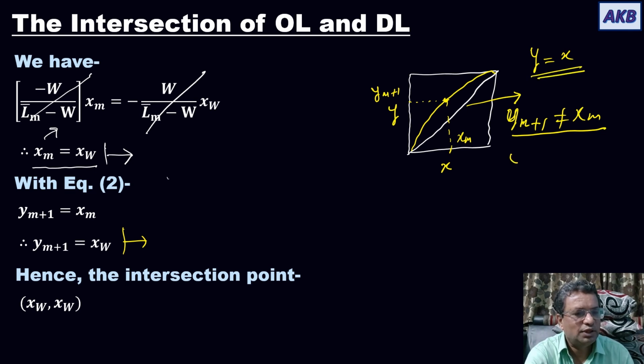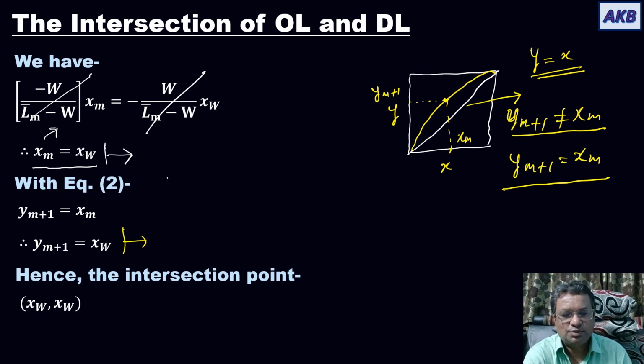So for the diagonal line, it is yn plus 1 is equal to x. Are you understanding it? So that's why the intersection point for the operating line of the stripping section and the diagonal line comes out to be xw, xw.